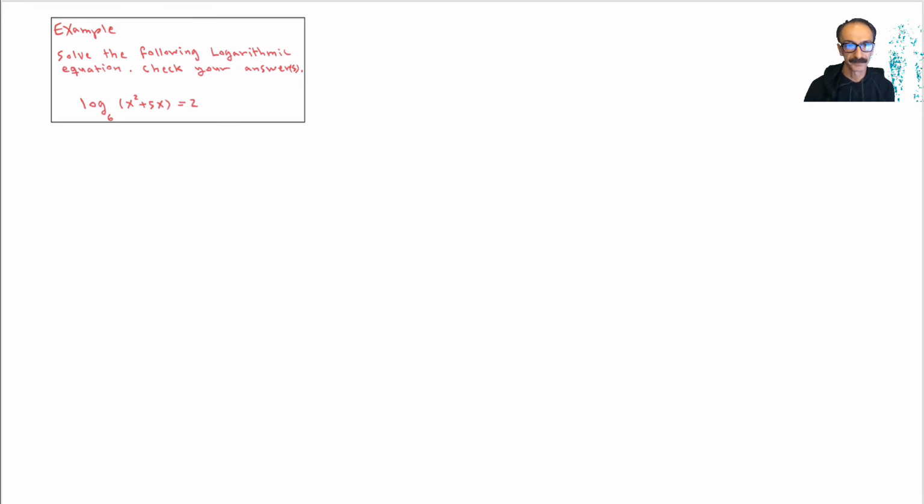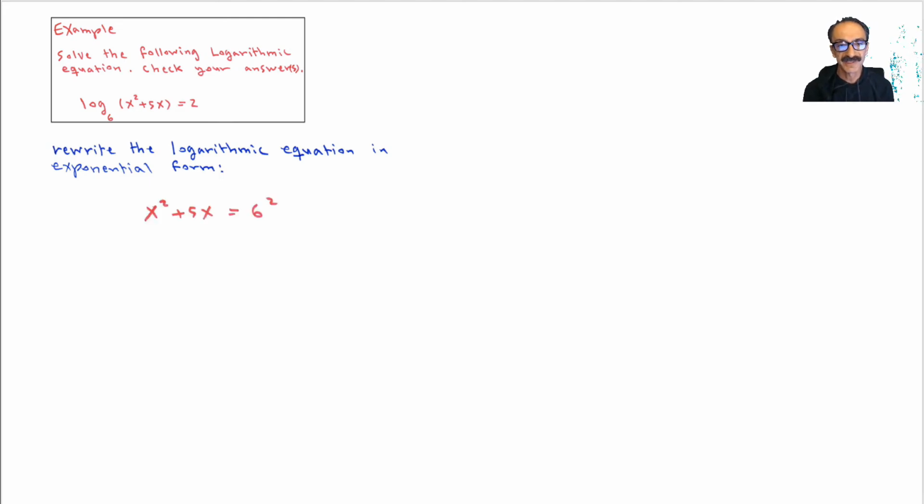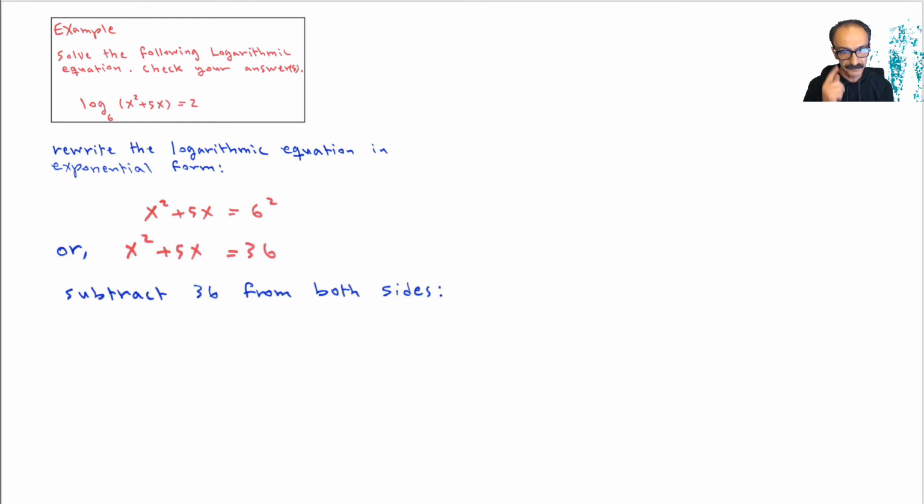Here we go. Rewrite the logarithmic equation in exponential form. It reads x to the second plus 5x equals 6 to the second. 6 to the second means 6 squared, which is 36. We're going to move everything to the left.